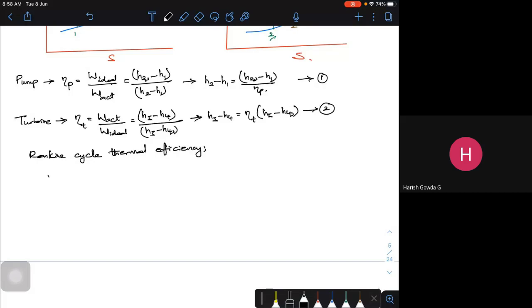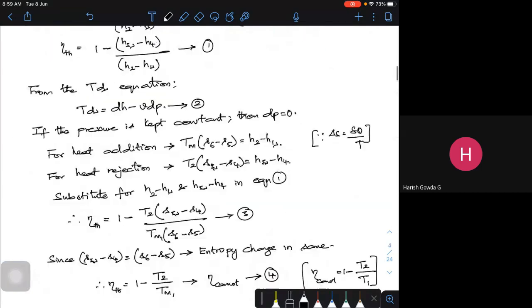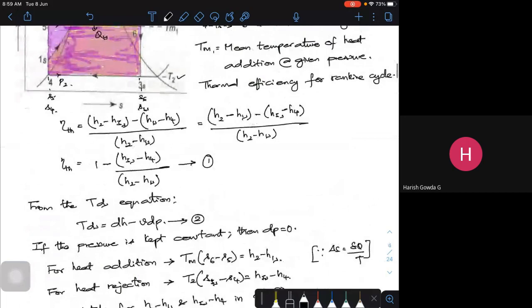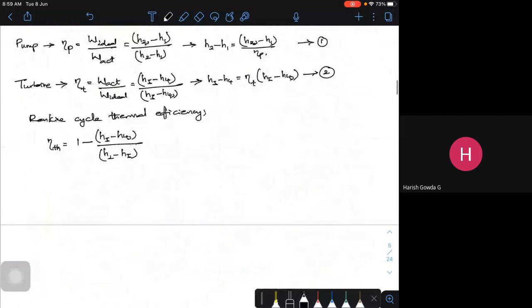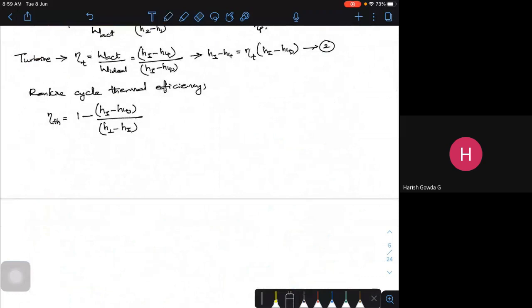That is, thermal efficiency is 1 minus H3 minus H4s divided by H2 minus H1s. H2 minus H1s.